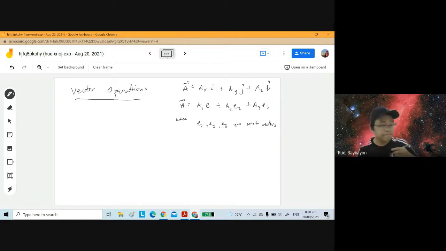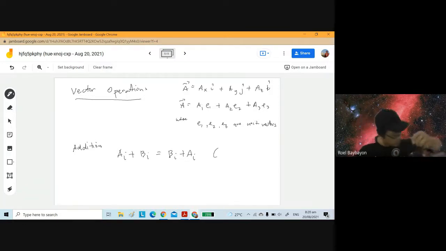Okay. So we have vector operations. We can add vectors. AI plus BI, which is equal to BI plus AI. So we call this the commutative property.